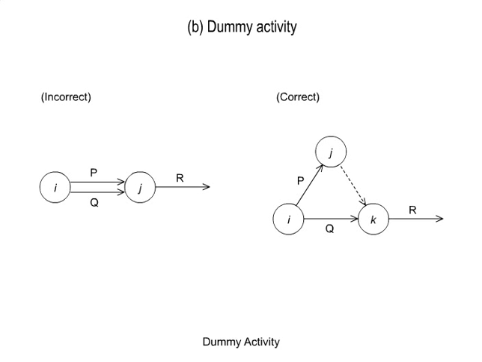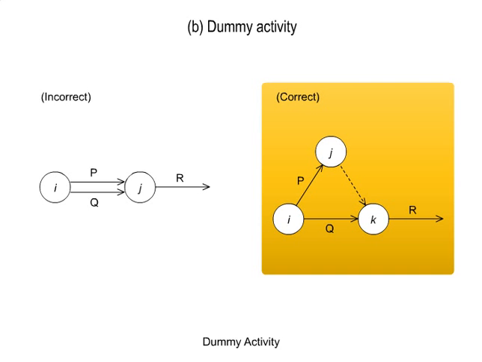In addition, two nodes can only be connected by one arrow. Thus, when two activities with the same starting and ending nodes take place at the same time, a dummy activity is inserted and represented by dotted lines. Dummy activities only show the connection to the activity and the number of required hours is set to 0.